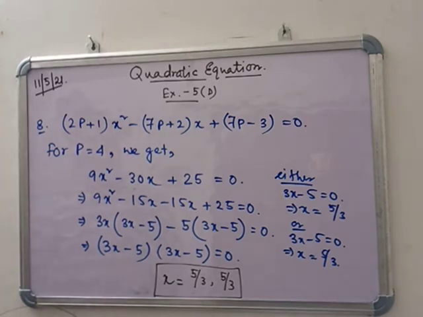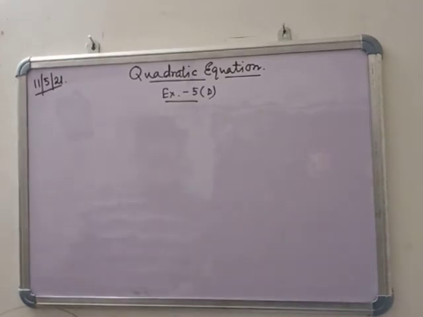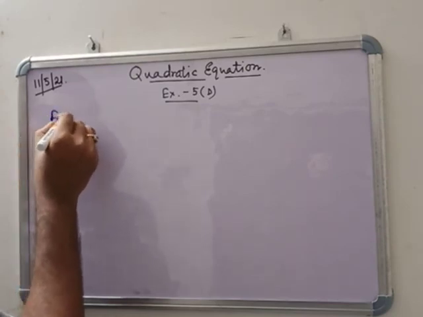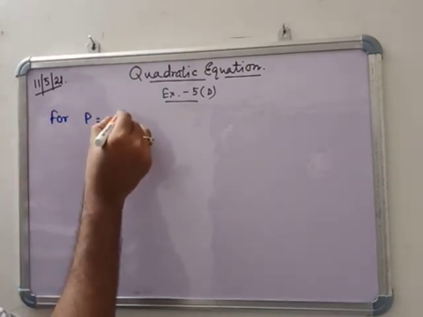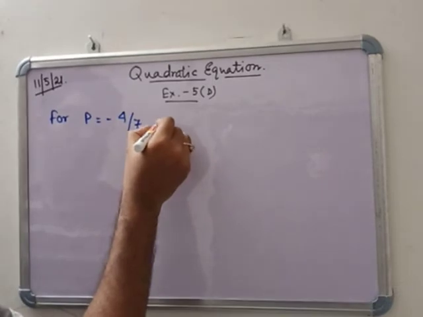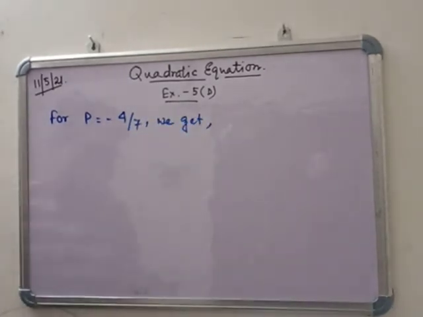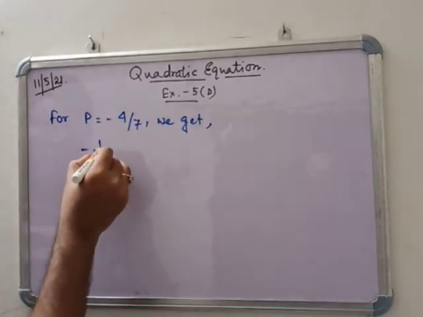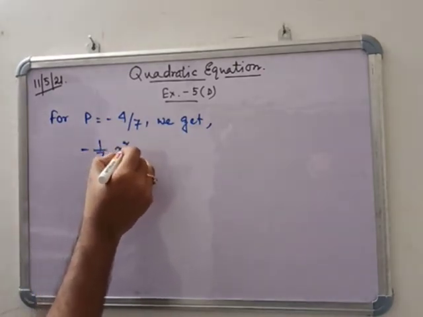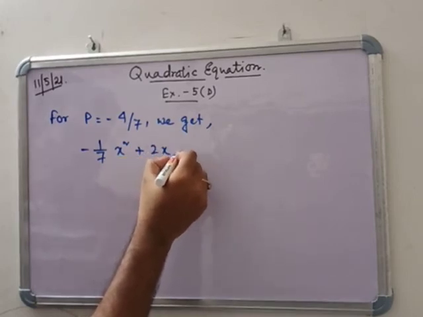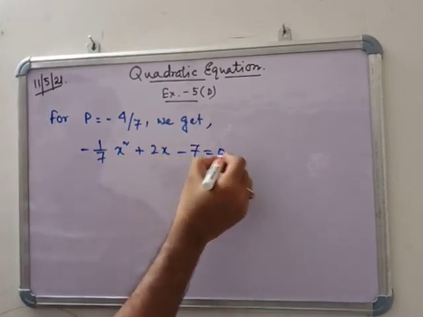Now we are calculating for p equals to minus 4 by 7. See that. For p equals to minus 4 by 7, we get minus 1 by 7 x square plus 2x minus 7 equals to 0.